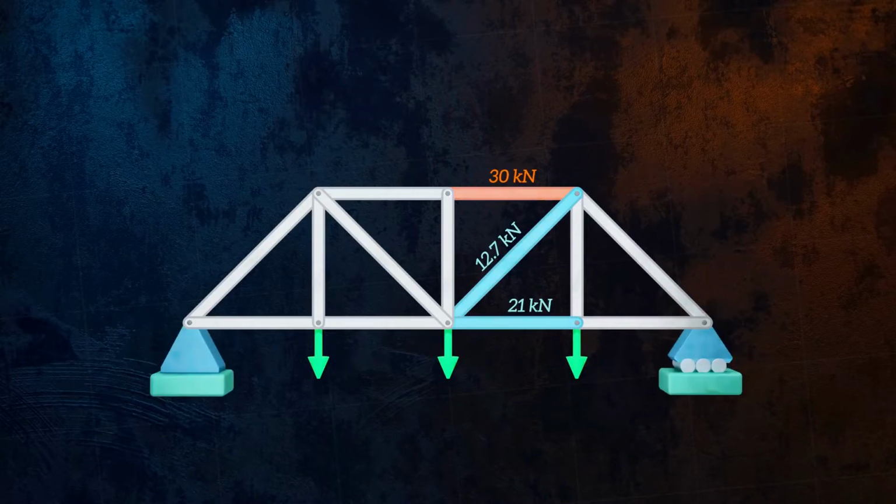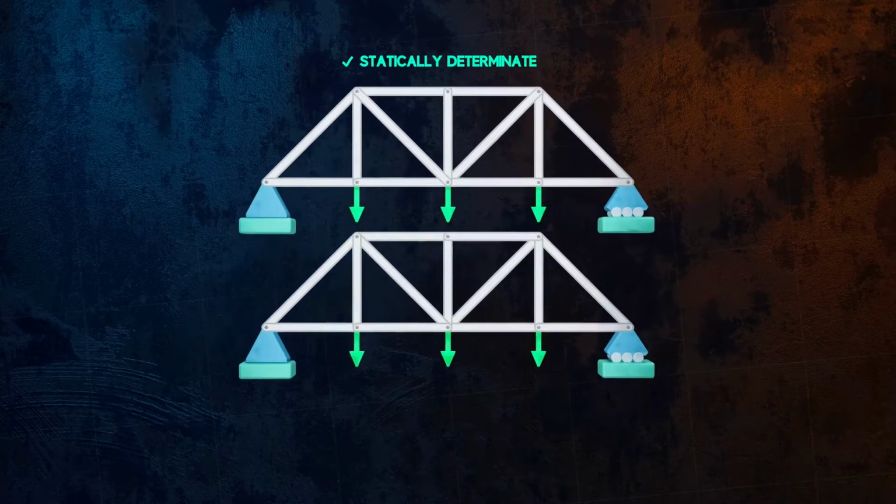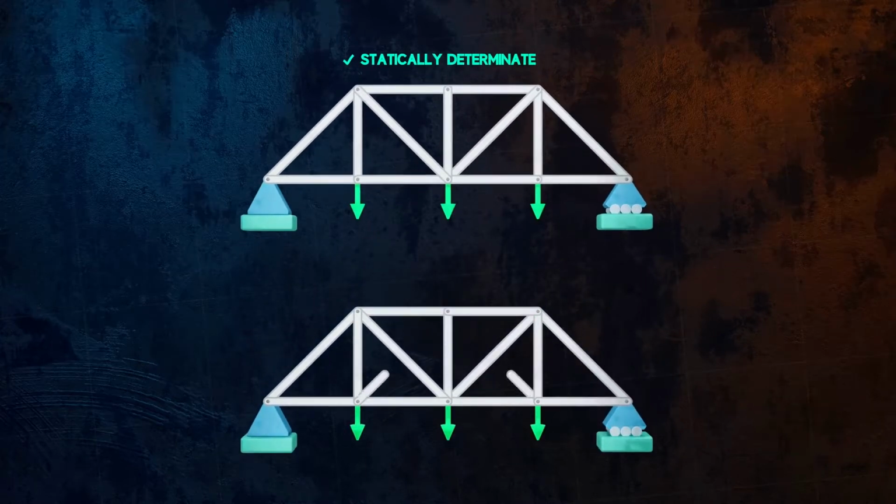If it is possible to determine the reaction forces and the internal forces in the members of a truss by applying the equilibrium equations, the truss is said to be statically determinate. Real-life structures sometimes contain more members than are needed for the structure to be stable, as this makes them safer.